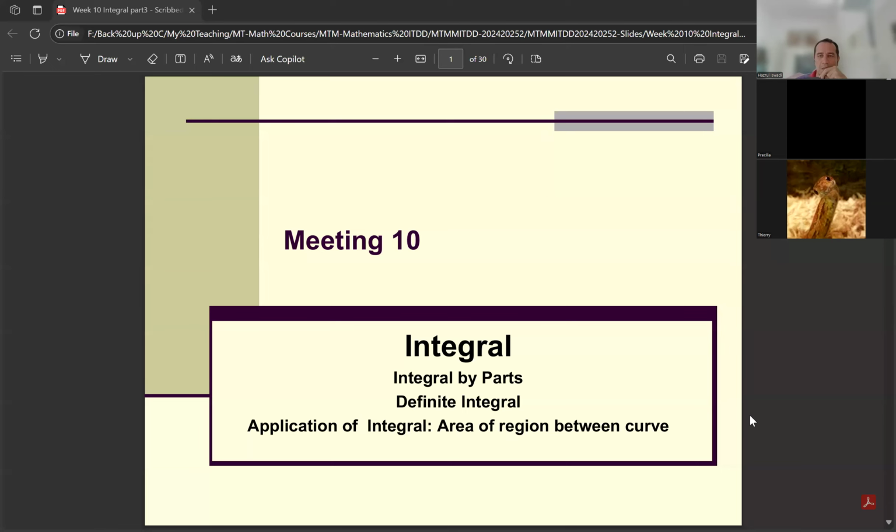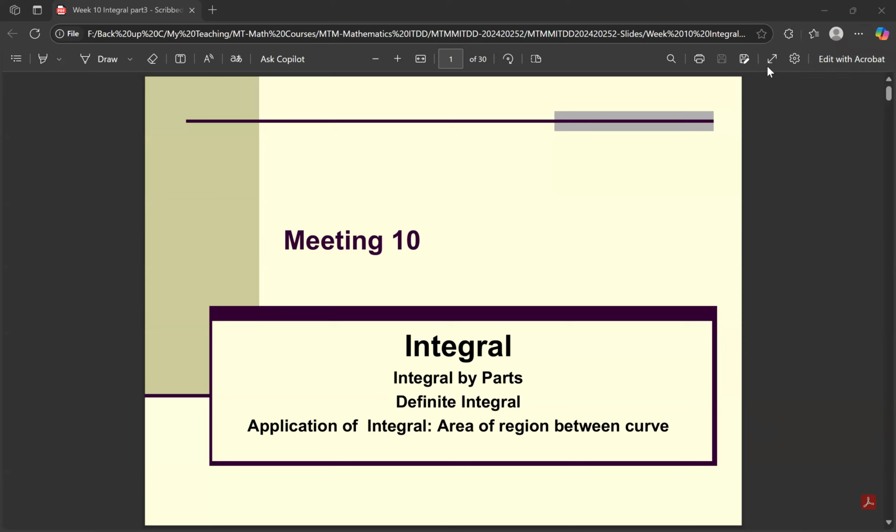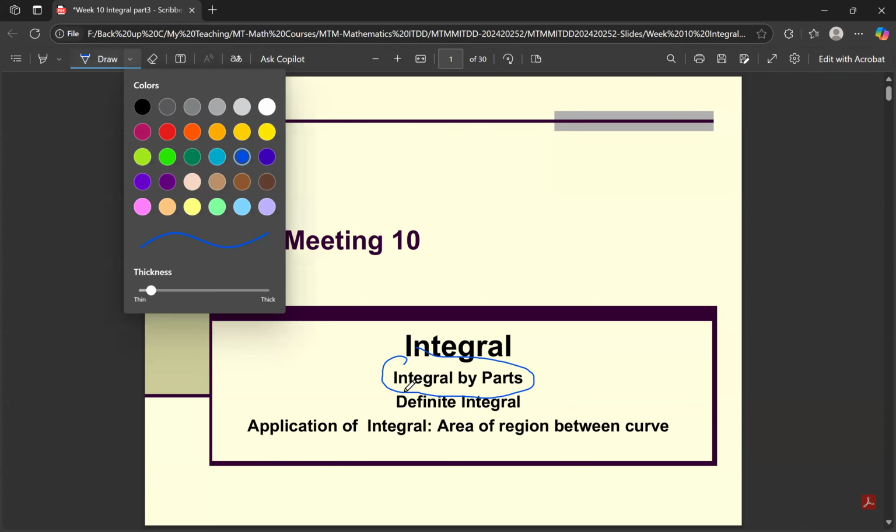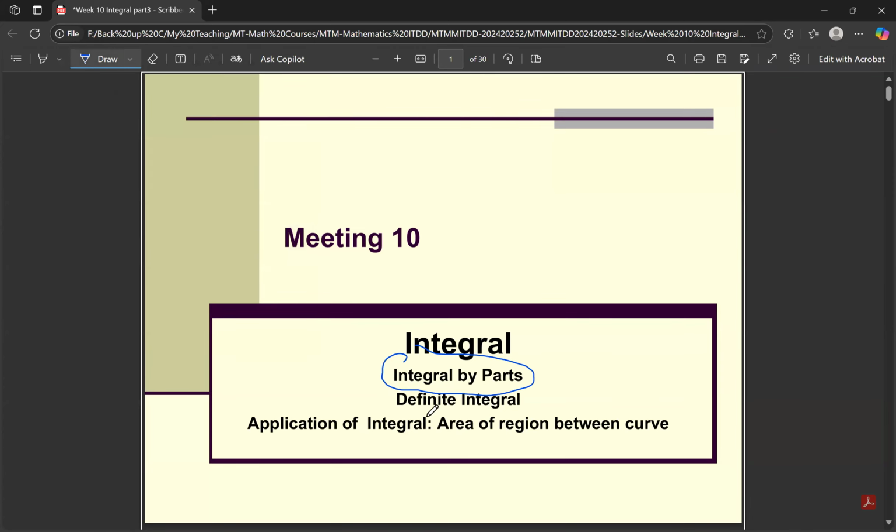Now, we want to discuss three things today. We want to discuss integral by parts, and then we want to talk about definite integral and the application of integrals.